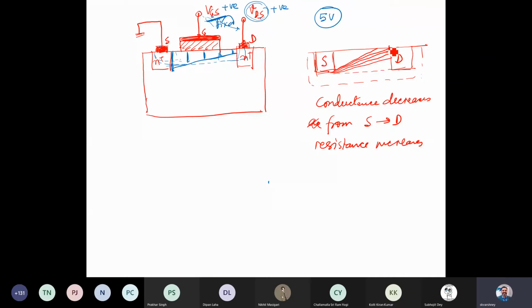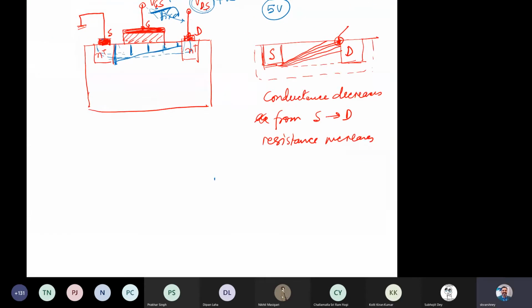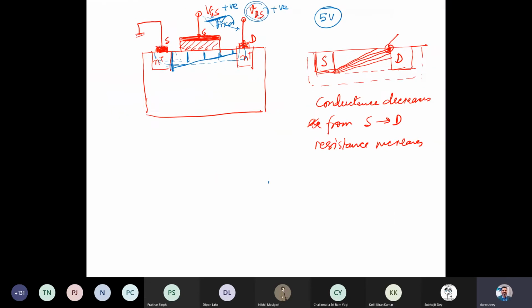At a certain point it reaches almost minimal charge. This region we call pinched off. This region is basically called the pinch-off region.